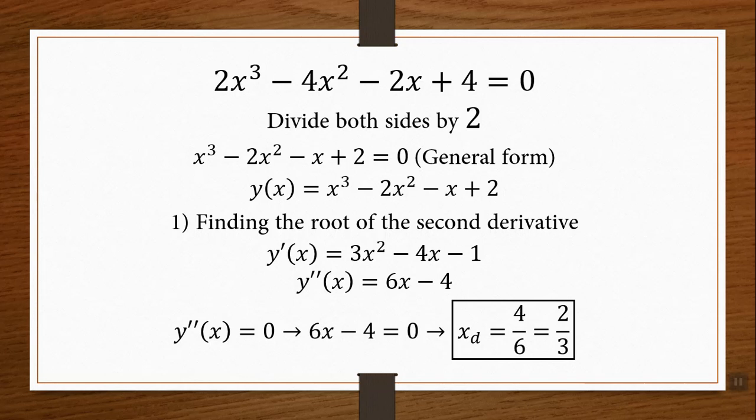By putting the second derivative equal to 0, we can find the root of this derivative. Y second of x equals 0, 6x minus 4 equals 0, then xd equals 4 over 6, or 2/3.